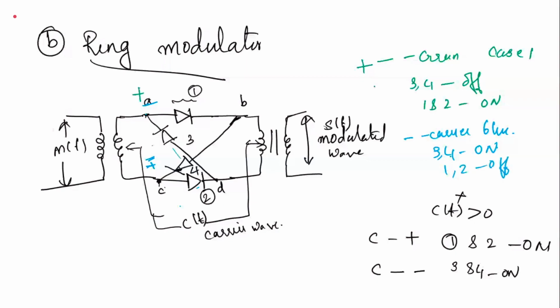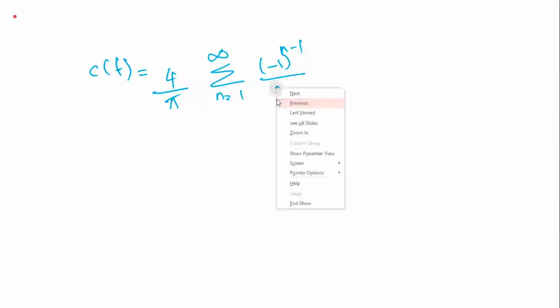And this can be written as a square wave. c(t) will have an expression like 4/π, again the Fourier series representation, sum over n equal to 1 to infinity of (−1)^(n−1) / (2n−1).